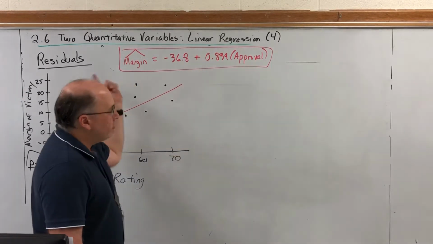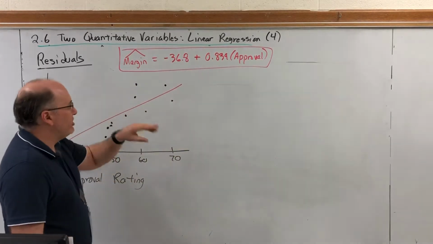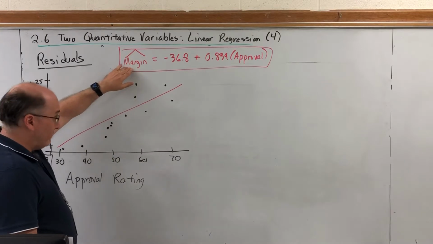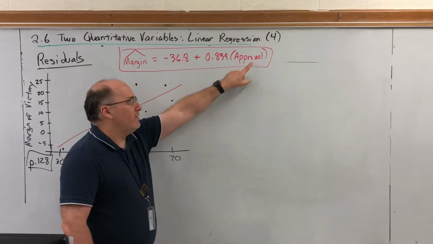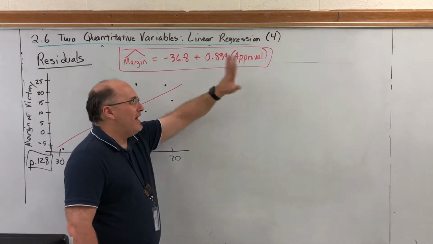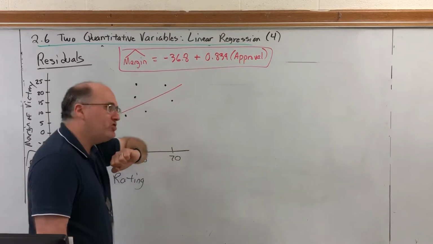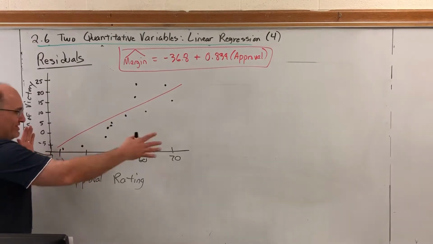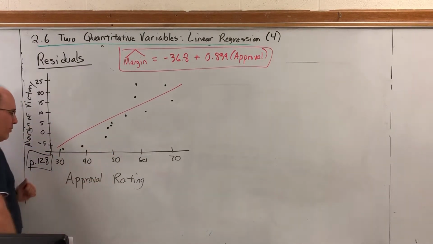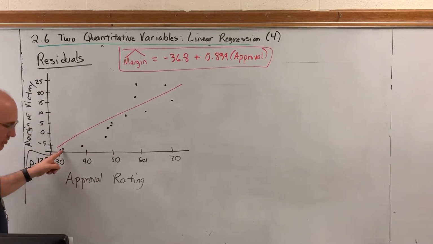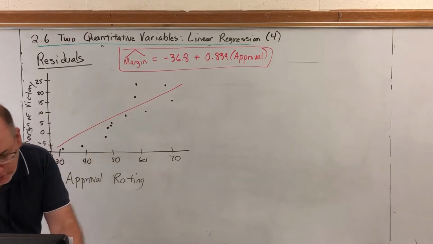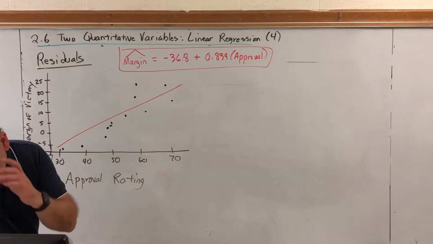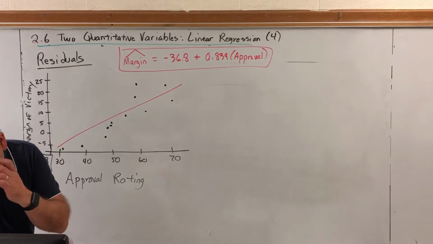However, you should not use a regression to make predictions about the response variable for values of the explanatory variable outside of the observed range of explanatory values. In other words, when we gathered this data, the approval ratings that we observed were down here, and that was 30, it was pretty low.